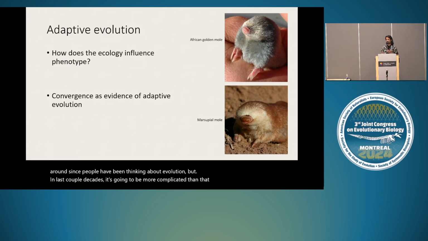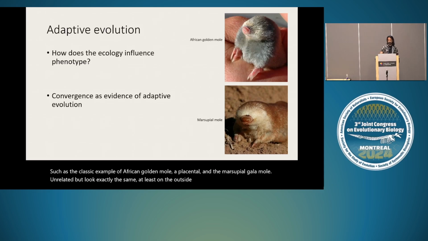We found that convergence can just happen for random reasons, as evolution does. But it still has a powerful case to show strong signals for adaptation, such as the classic example of the African golden mole, a placental, and the marsupial mole, unrelated but looking exactly the same, at least on the outside.